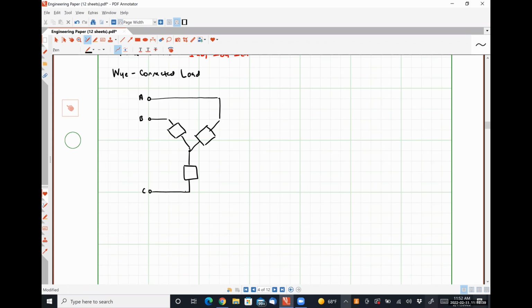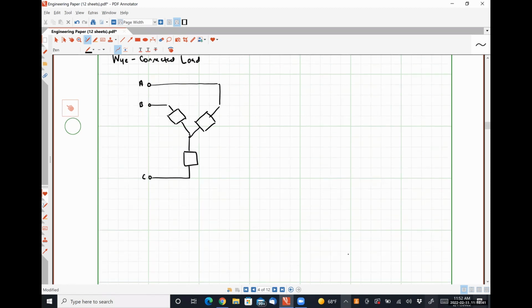So I'm going to call these ZYA, ZYB, and ZYC, where these impedances do not have to be equal. If they are not equal, we have what's called an unbalanced load.